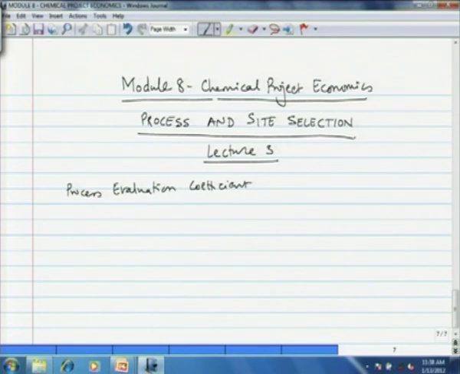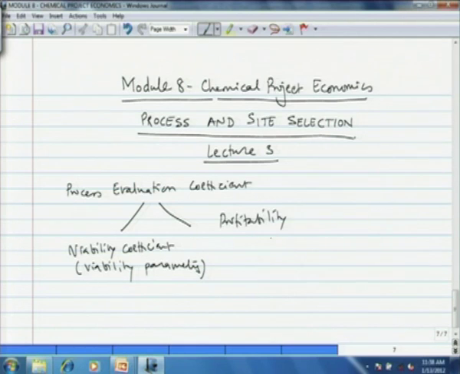Now, this has contribution from two entities: the viability coefficient, which depends on viability parameters, and the profitability coefficient, which depends on profitability parameters, and in previous lectures we have listed these parameters.